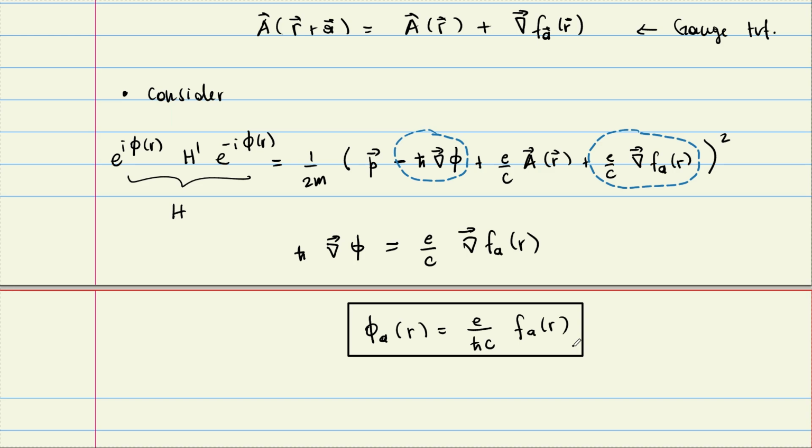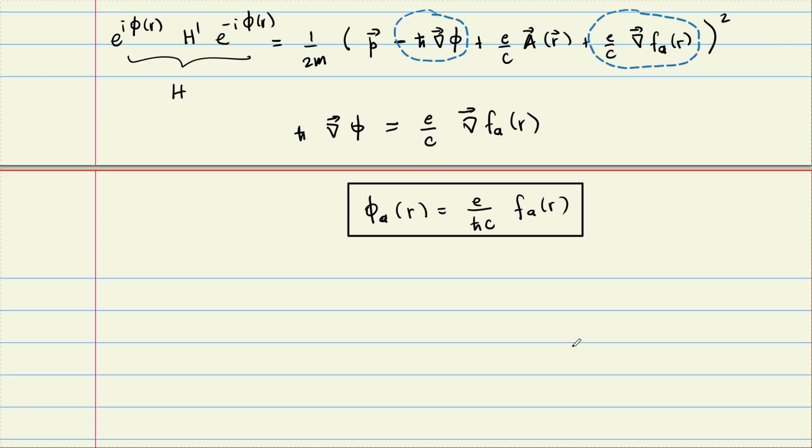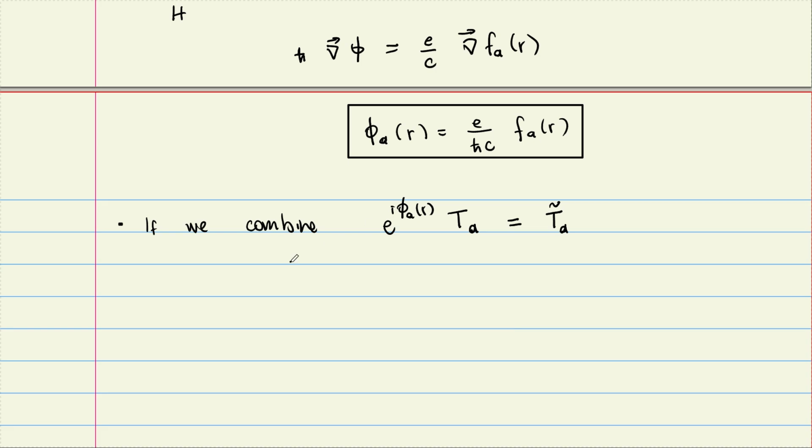So the message is, if we combine e to the I phi a of r and t a into a new translation operator, which I'll call t a tilde, then in that case I have h commutes with t a, right?